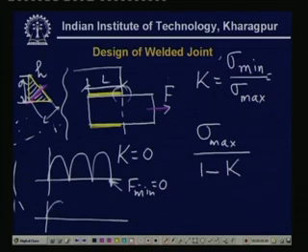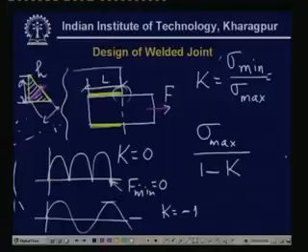For this kind of loading, sinusoidal, the minimum value of F is nothing but minus the maximum value of F, so k will be equal to minus 1. If k is plus 1, this formula should not be used, but remember for k equal to 1, minimum is equal to maximum, that is only the static loading, where of course we do not need to consider this design procedure.